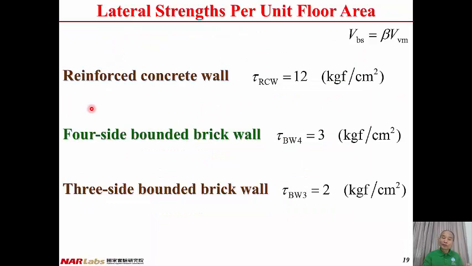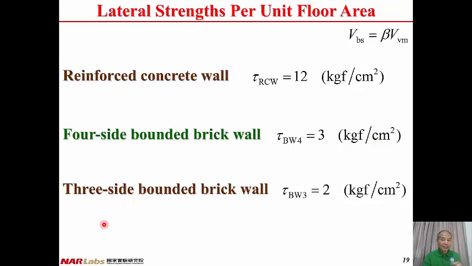And for reinforced concrete wall, the unit lateral strength tau RCW equals 12 kgf per cm square. For four-side bounded brick wall, the lateral strength per unit cross-sectional area, tau BW4, equals 3 kgf per cm square.